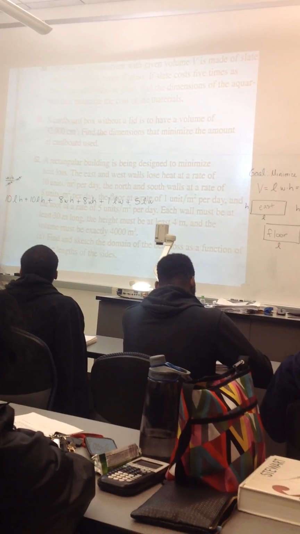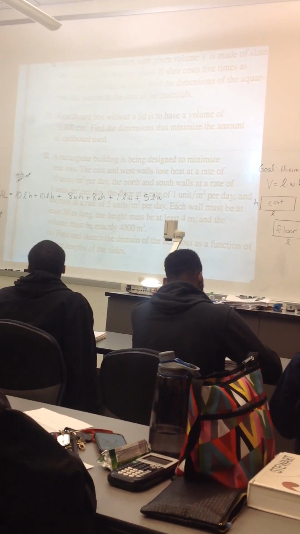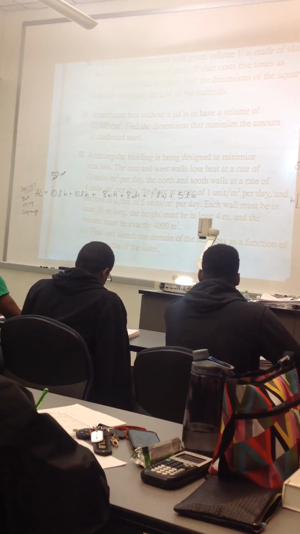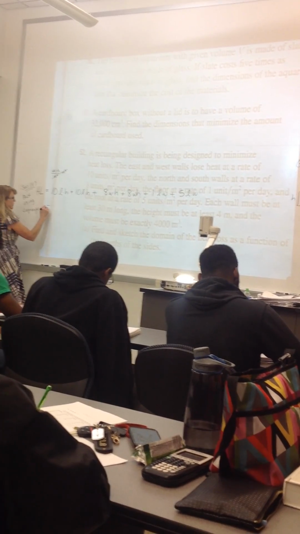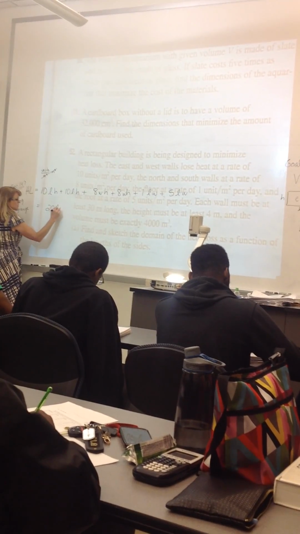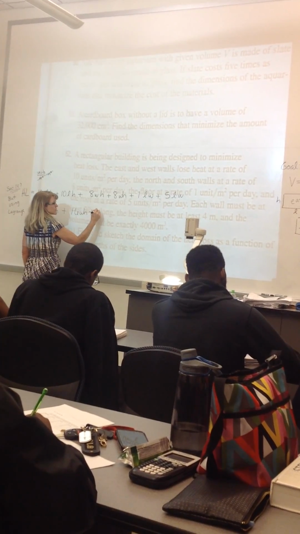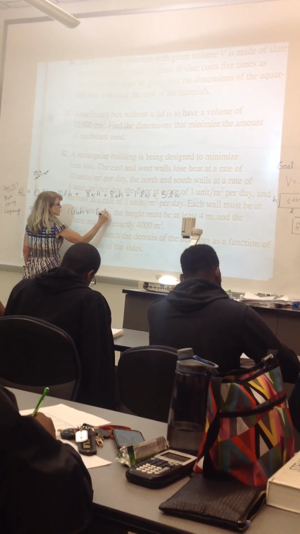So our heat loss formula is what we have on the board there, which we can clean up. So 20 times LH plus 16 times WH plus 6 times LW.